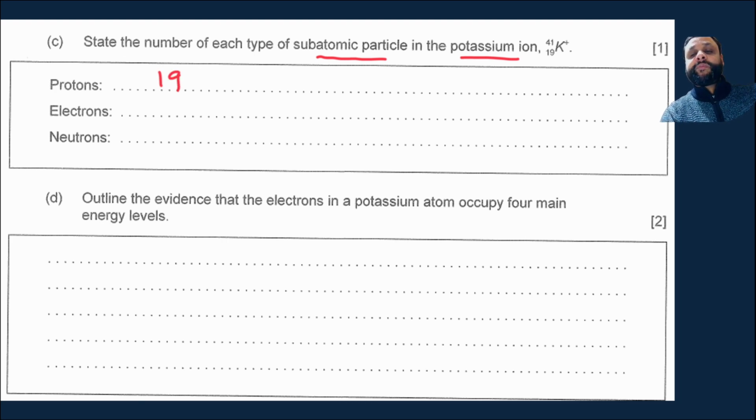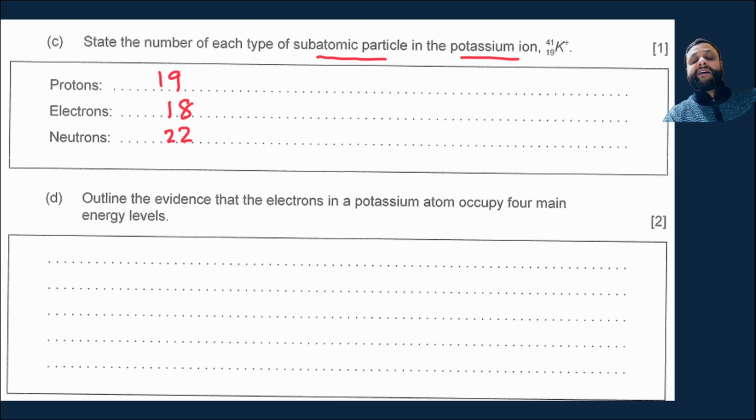There's a charge of plus, which means it has lost 1 electron, so the number of electrons is 18. The value of A, the mass number, is 41. So 41 take away 19 gives us 22 neutrons.